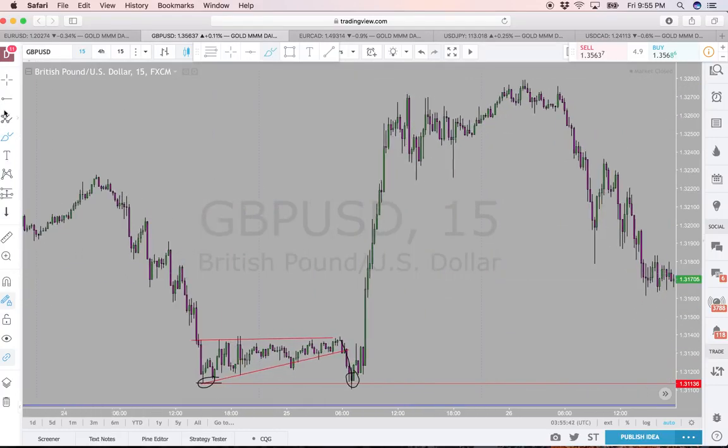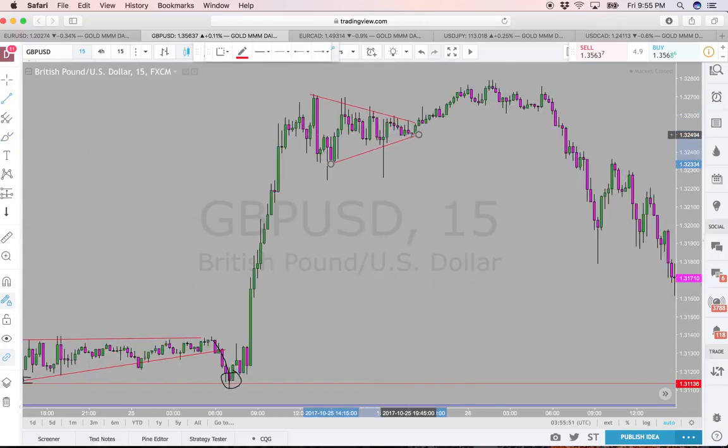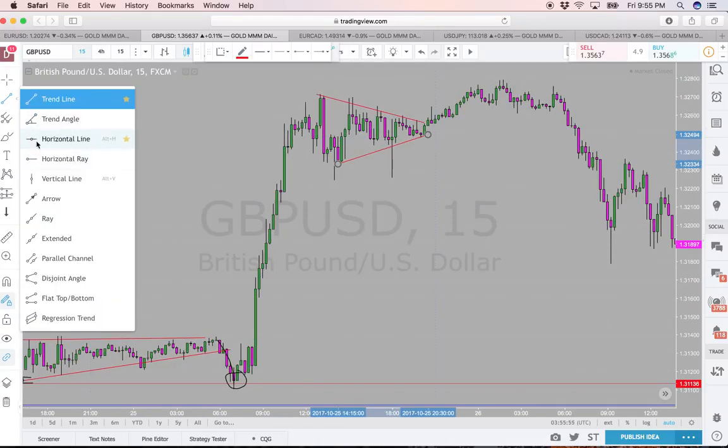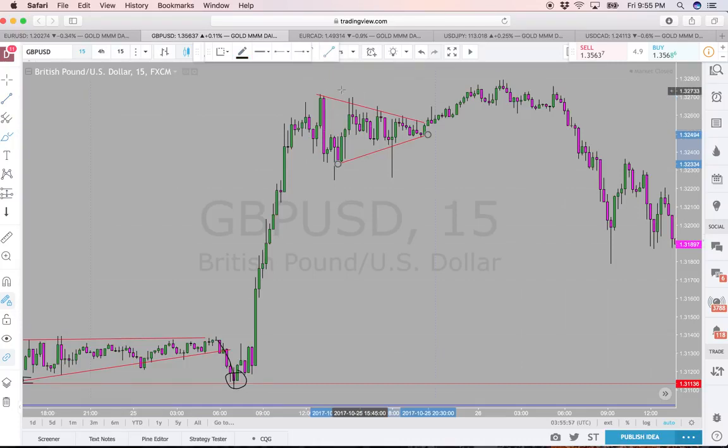Here's another one. Here's another very good example, actually. You could have taken this for 100, 150 pips, and then you could have seen this exact same thing over. The high of the day, the high of the previous day, which we just traded. We're starting Asian session.